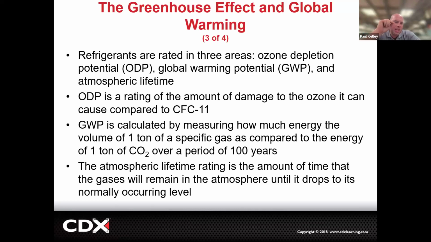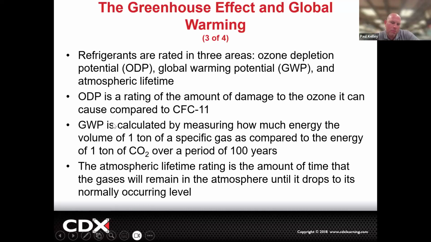The GWP is a little bit different. That's the global warming potential. So one of them is how the ozone's ruined, and one of them is that greenhouse effect. Make sense? The GWP is calculated by measuring how much energy 1 ton of a specific gas traps as compared to the energy of 1 ton of CO2 over a period of 100 years. So for the GWP, we're using CO2, stretched out over 100 years.